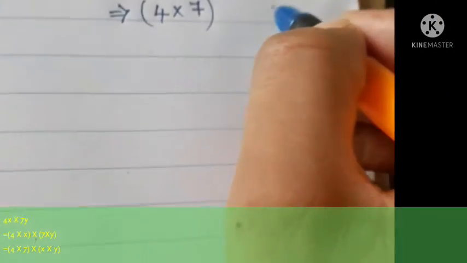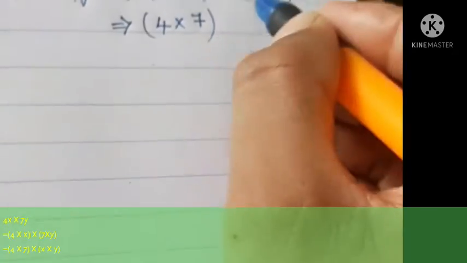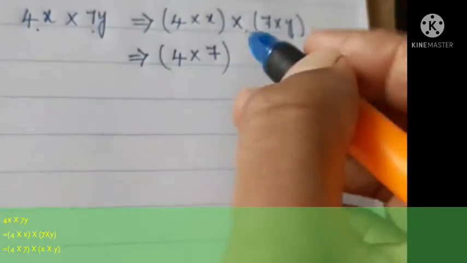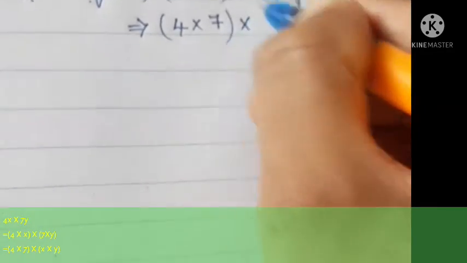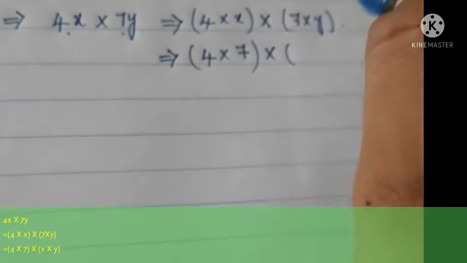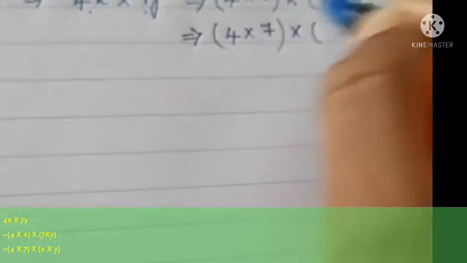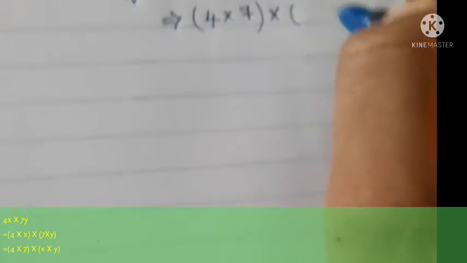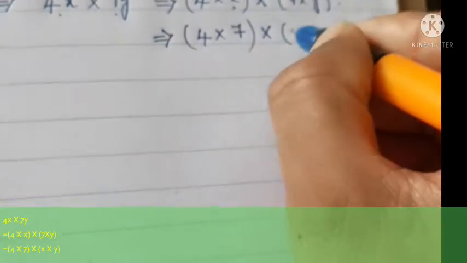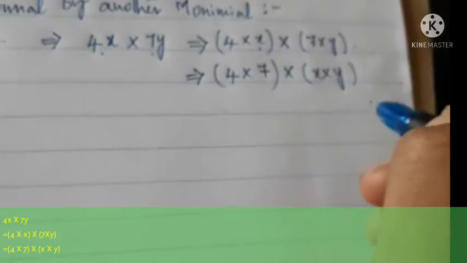Because 4 and 7 are the numerical constant values, the coefficients of those monomials. So I have written 4 and 7 in this first bracket, and the multiplication symbol as it is. Now write all the variables we have in this expression in the second bracket. What are the variables? Yes, here x, here y. So these two are multiplied together.